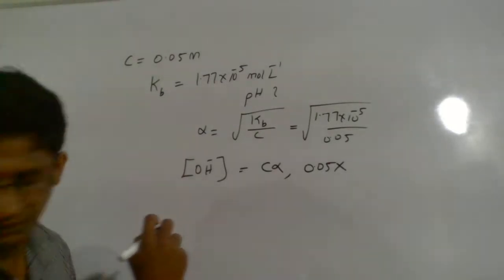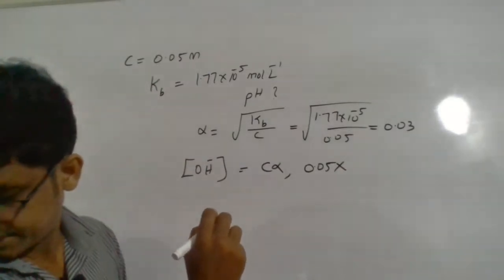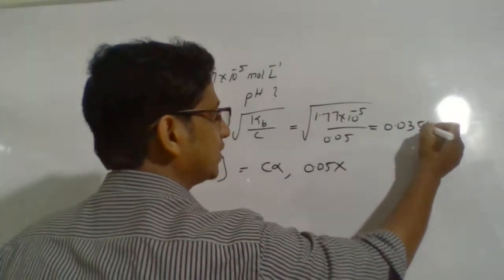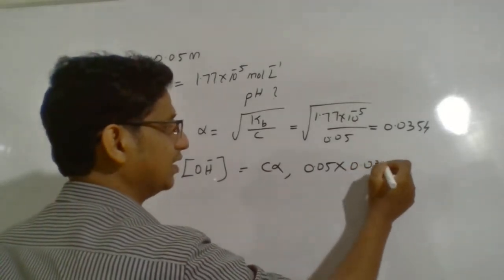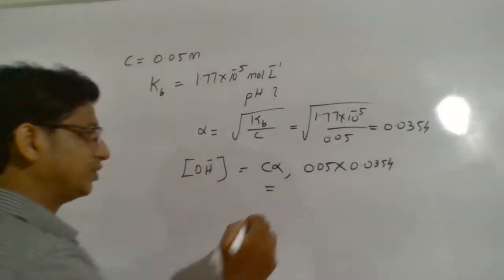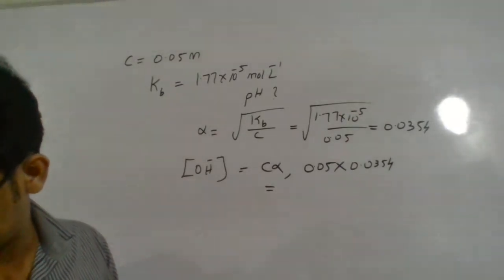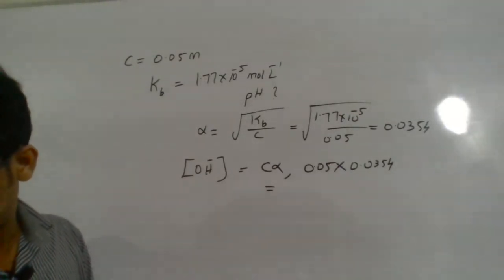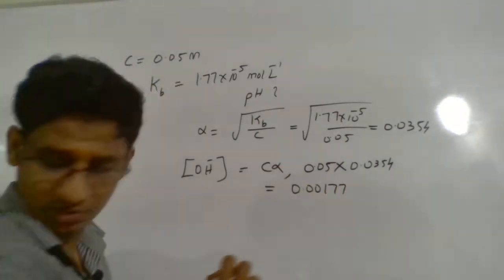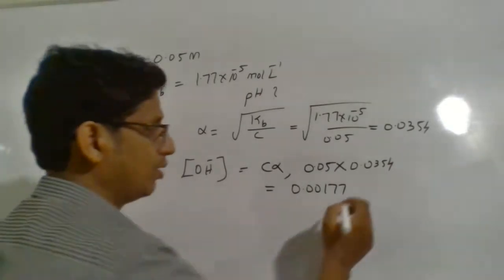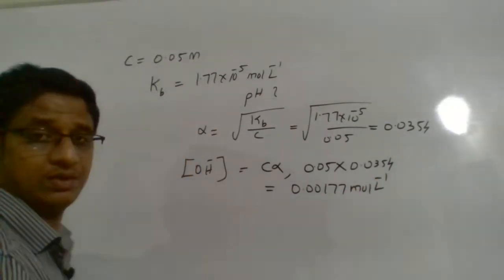If you do that calculation, that will be equal to 0.0354. Please do the calculation. C into alpha will give you the concentration of hydroxide ion, which is equal to 0.00177 mole per liter.